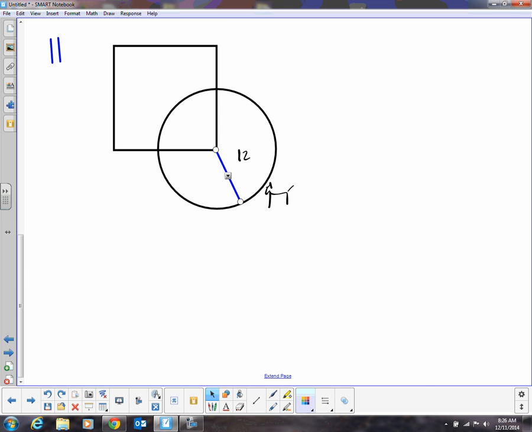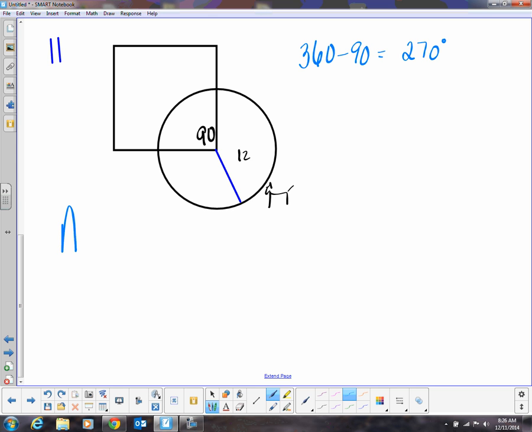So what is this measure right here? 90. How many degrees is available for this goat? 360 minus 90 is 270 degrees. They want the area. This is at least the third area problem we've done. Do you need to know this formula? Yes. All right, so this needs to be in radian measure. How do we do that?